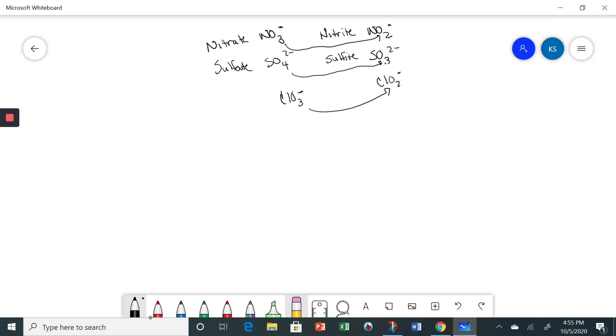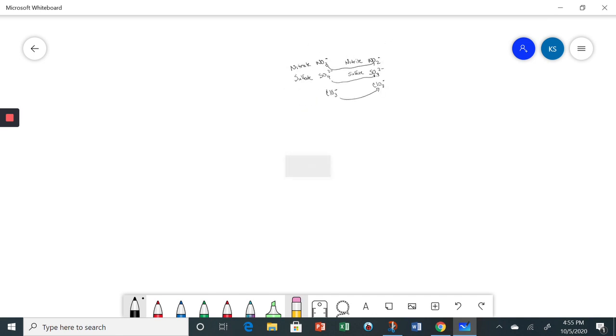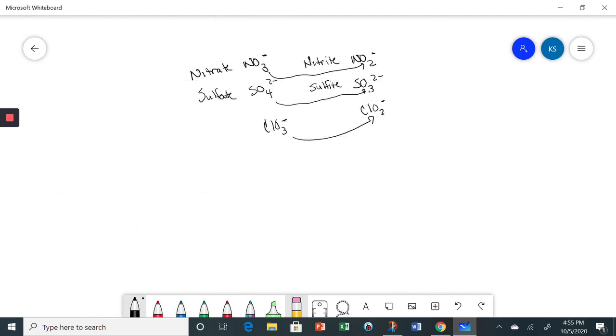Notice the difference. This goes further though. Come back here. Okay, if I do ClO4 minus, this is perchlorate, meaning 1 extra oxygen. This is chlorate itself alone, and this is chlorite, and then if I go ClO minus, this is hypochlorite.